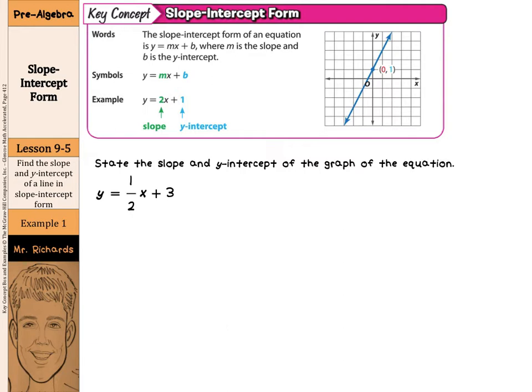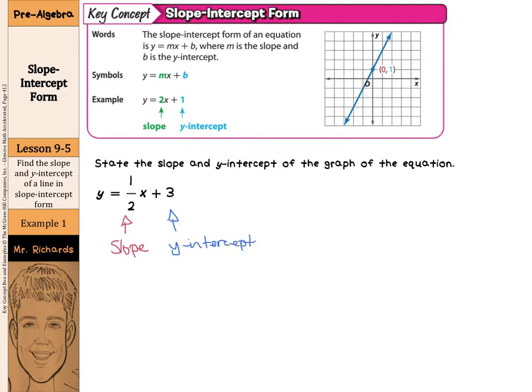So, when we are asked to state the slope and y-intercept of the graph of the equation y equals 1/2 x plus 3, this 1/2 is our slope. It is in the spot of the m. And this 3, that is our y-intercept. It is in the spot of the b.